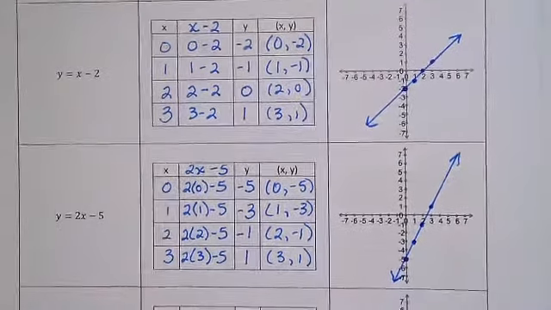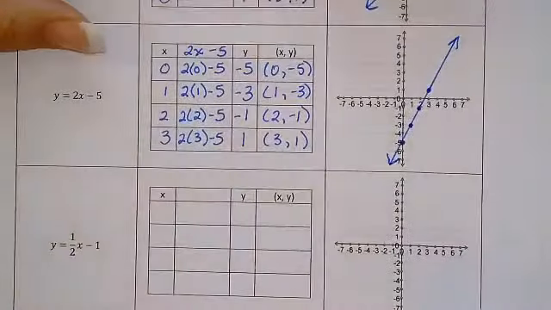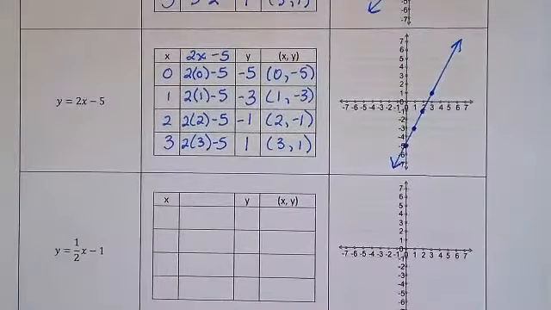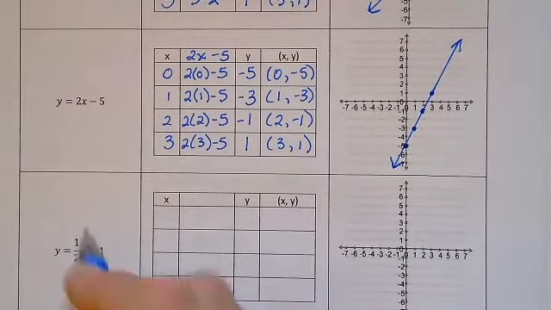Okay, next one, y equals 1/2 x minus 1. So since we're dealing with a fraction, let's be careful about the numbers we choose. So we know we're going to have to divide x in half. We want half of x. So if we pick even numbers, that'll be a lot easier.